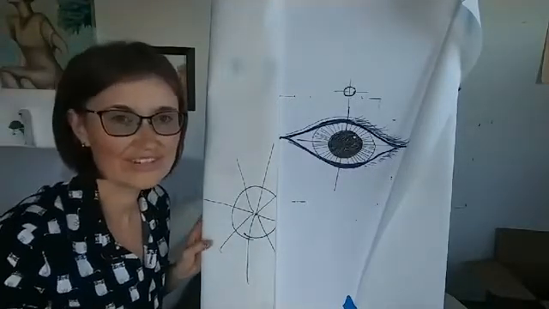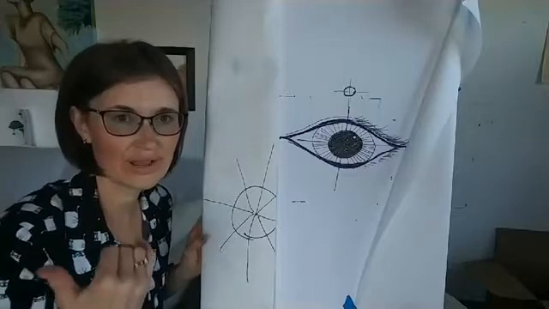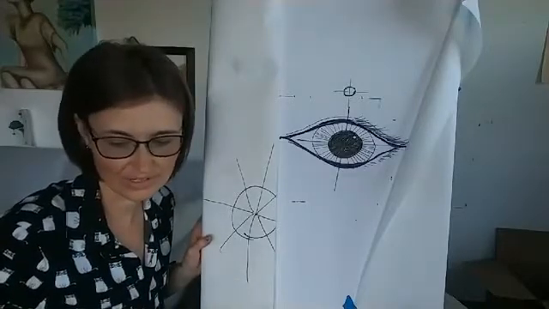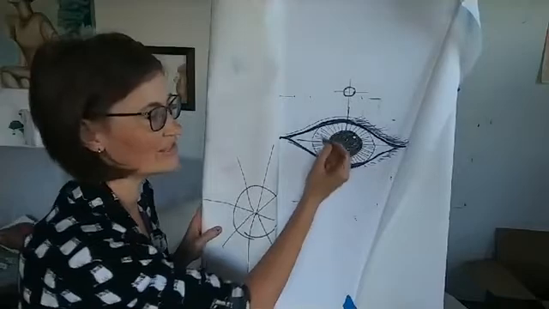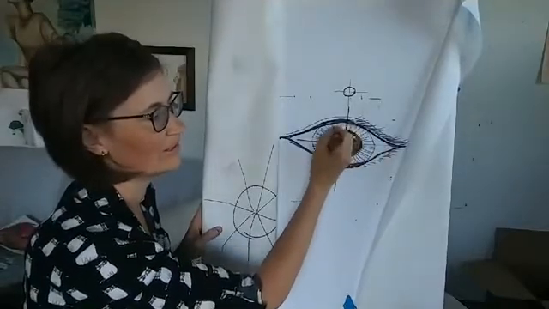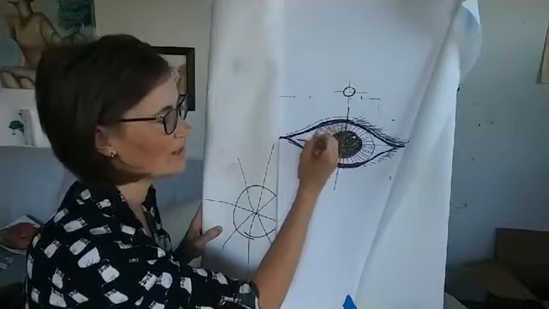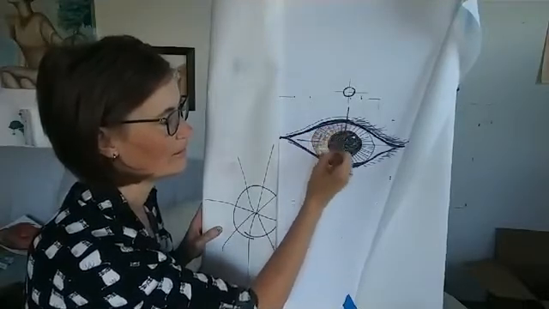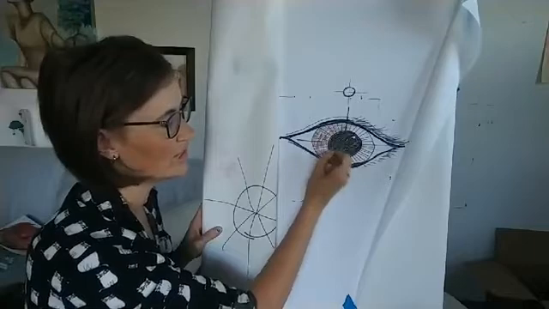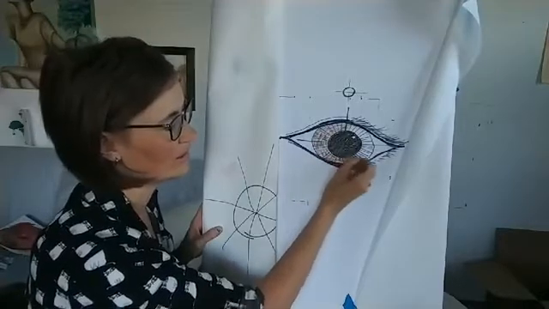And now you can take one more color and do, if you have brown eyes or blue eyes, a darker color. I'm going to use brown. And the last thing we're going to do is add some color in here. I'm going to color this in light brown. You can color that whole rest of the eyeball in like that. And your radial lines are kind of disappearing, but that's okay.